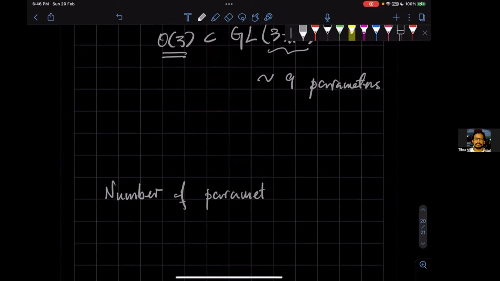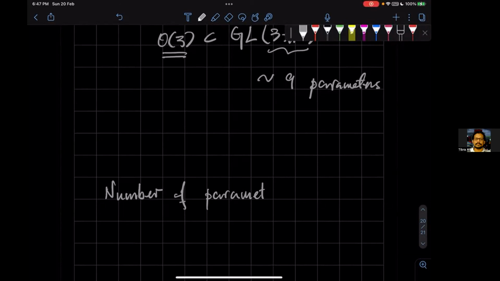So, don't think that scaling is not important. Scaling is important. There is a bigger group than O3 for, say, 3 dimensions, which involves the scalings. It turns out that for some physics theories, it's important to consider the group of transformations which doesn't preserve the length, but which preserves the angle between vectors.